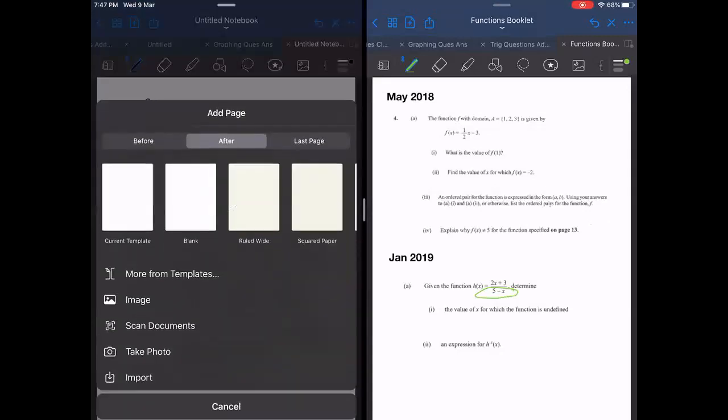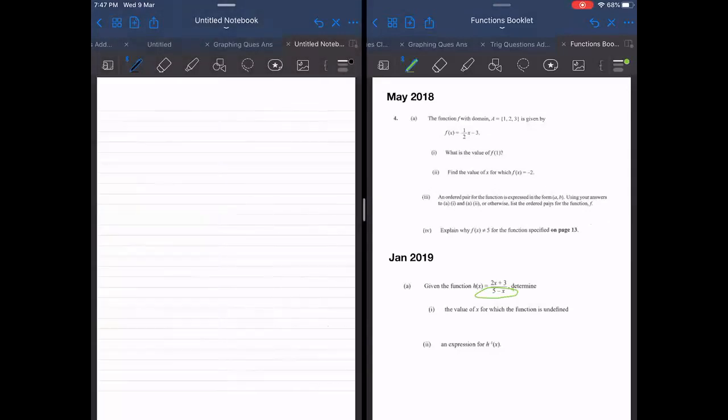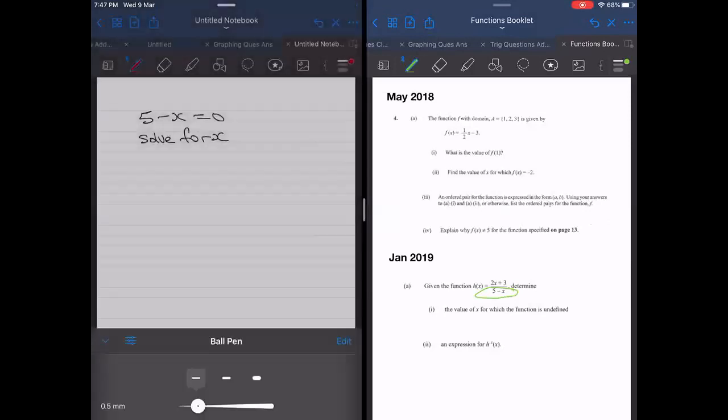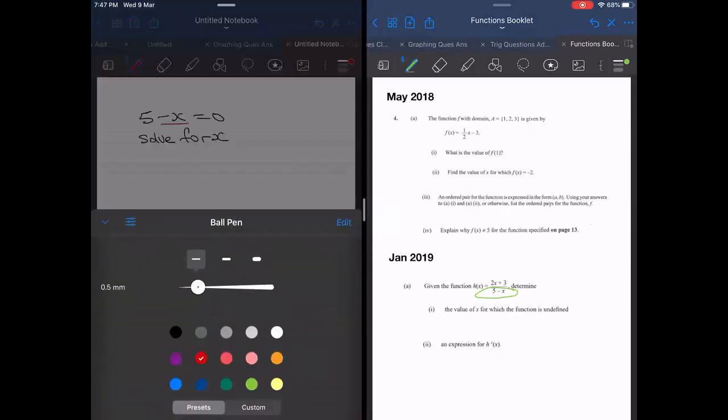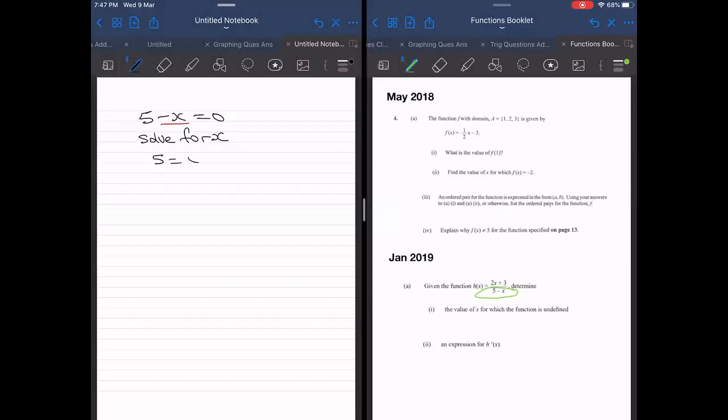Okay. So I set the denominator, which is 5 minus x, equal to 0. And then I solve for x. Since the x is minus, I take it across and I will add.